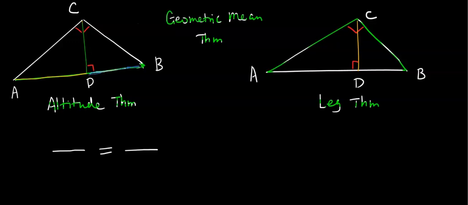All right, as you can see, the hypotenuse was divided into AD and BD. Okay, so I'm going to write this blue part BD down here. This is my segment 1, which means I'm going to put a segment 2 here. Which is 1, which is 2 does not matter. You decide.